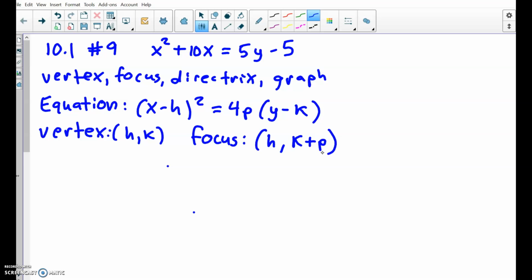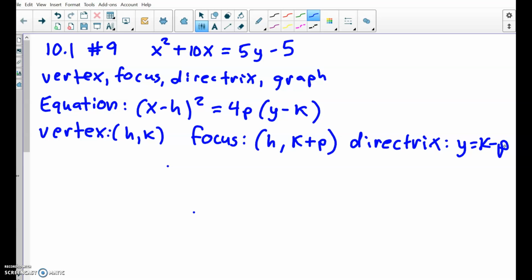And the directrix is y equals k minus p. Okay, so we're going to use these to help us to find all the pieces.